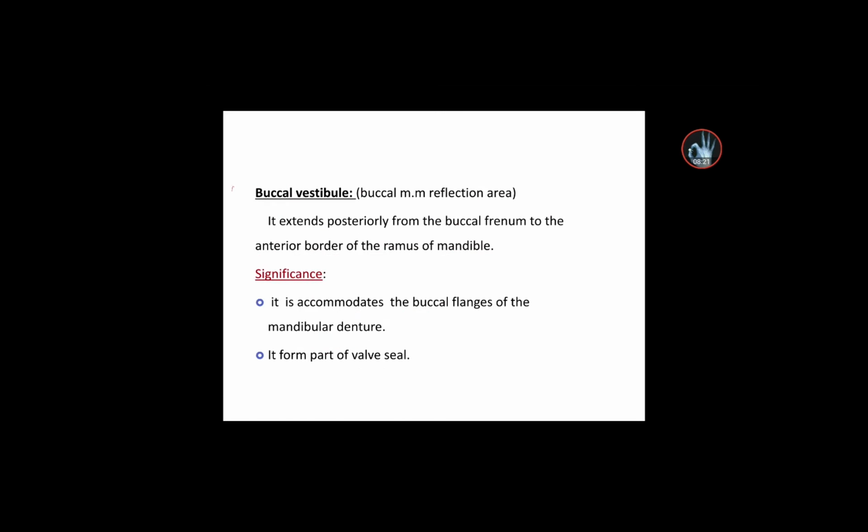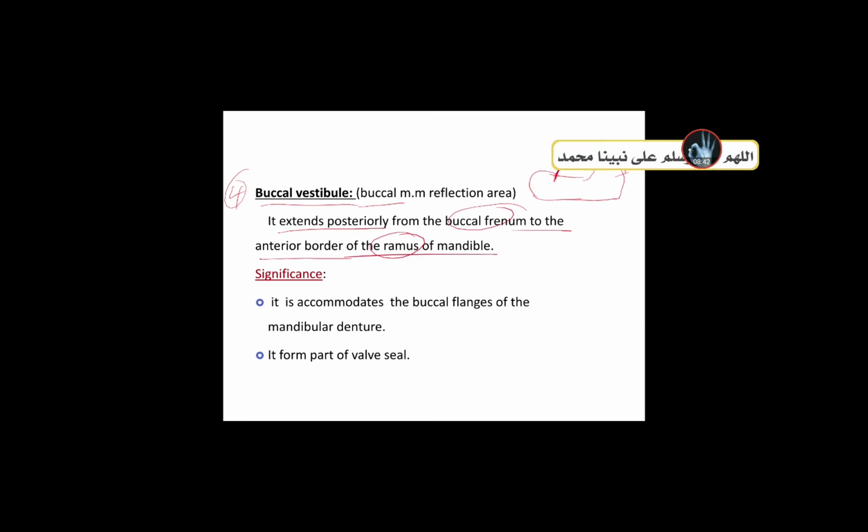So 4 is the buccal vestibule, or buccal retraction area. It extends posteriorly from the buccal frenum to the anterior border of the ramus of the mandible. So this is the ramus of the mandible, this is the body of the mandible, and this is the buccal frenum. So it extends from here to here.